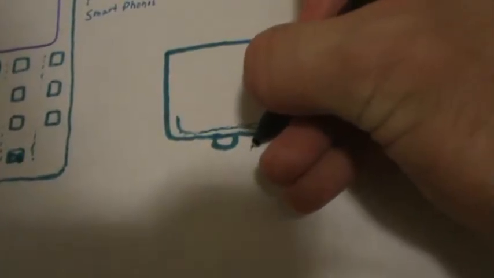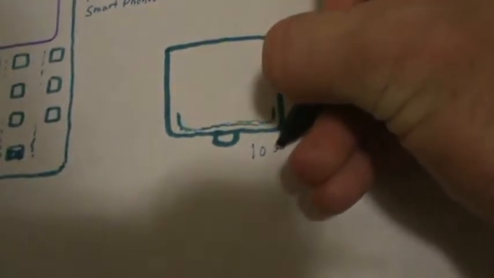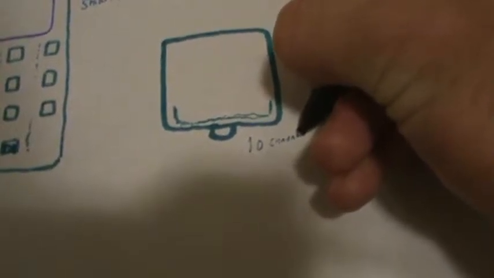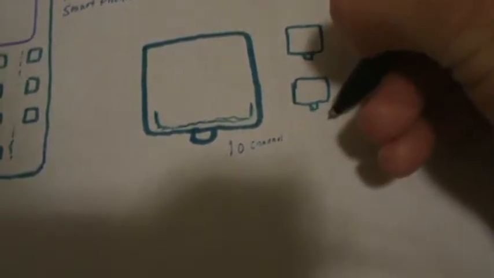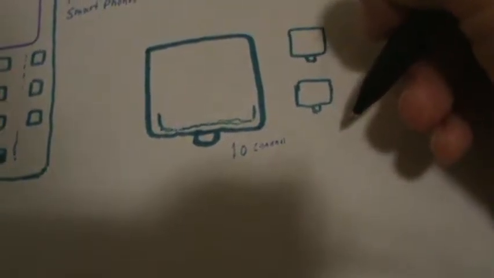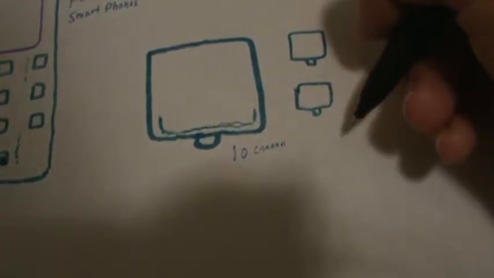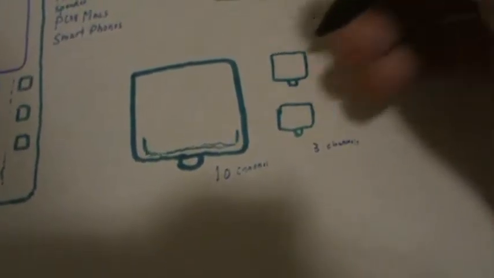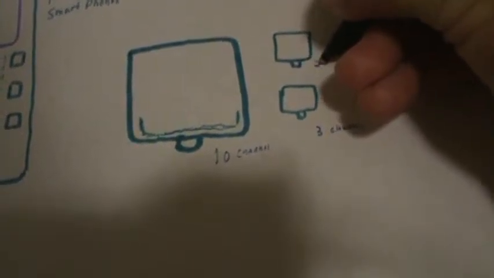One TV maybe only gets about 10 channels, and the one down in the basement usually does not get good reception, so it only picks up about 3 channels. It all depends on the antenna quality. The one in the bedroom and the family room gets 25 channels.